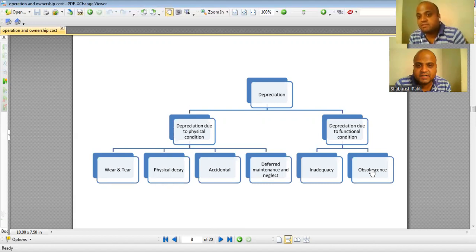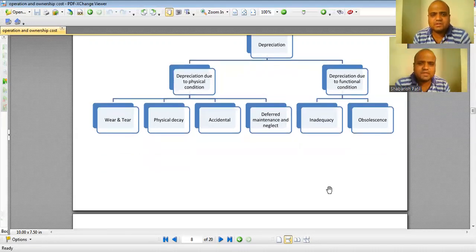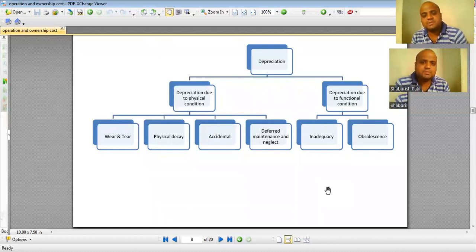But after 5 years, there is an advancement in technology, and the present equipment may not be sufficient, or it may be inadequate now for the present work. So that is obsolescence in any equipment. It happens because there is a lot of improvement in technology. Obsolescence happens now and then for any equipment.